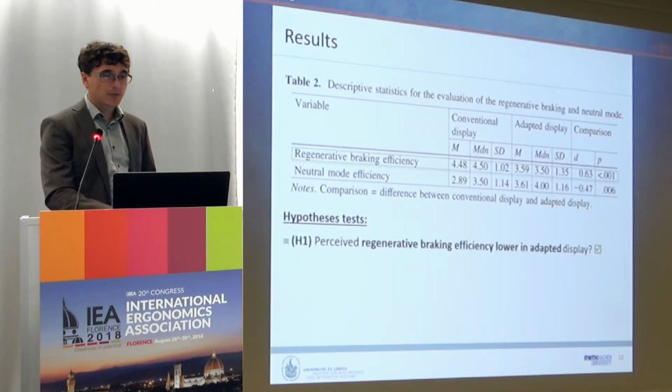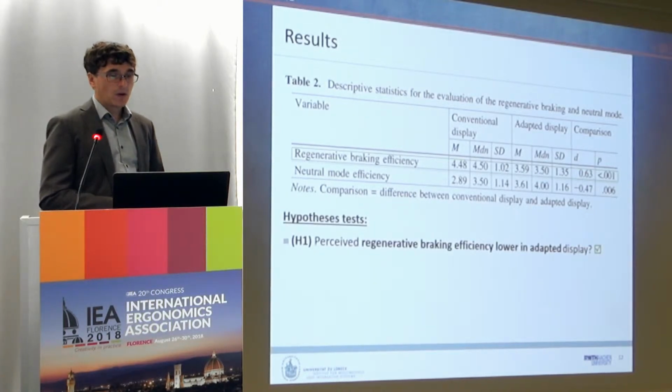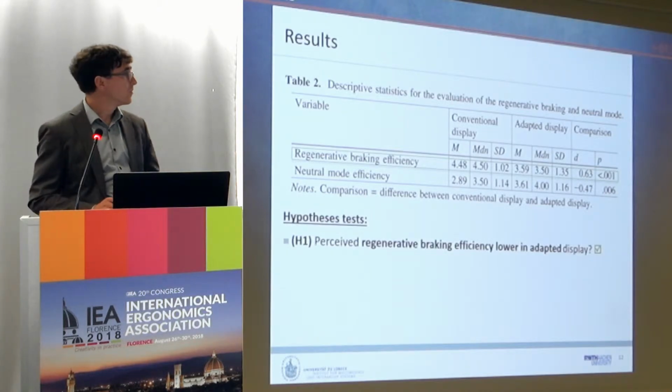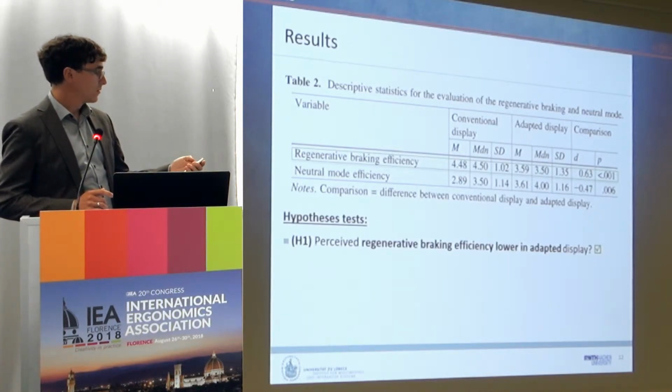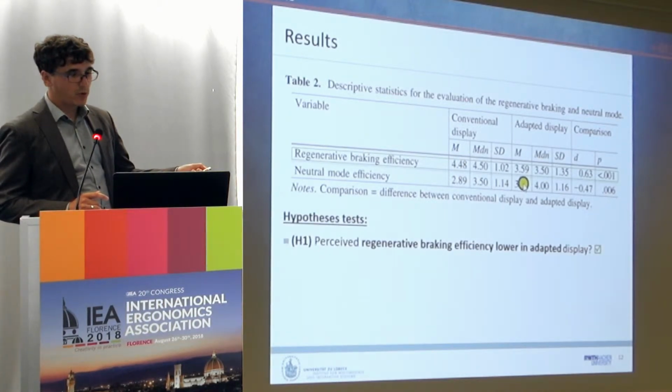And regarding the hypotheses, because these were the actual tests, indeed regenerative braking goes down. You have it here, 4.48 versus 3.59. And in neutral mode, you see here, it goes up, as expected.